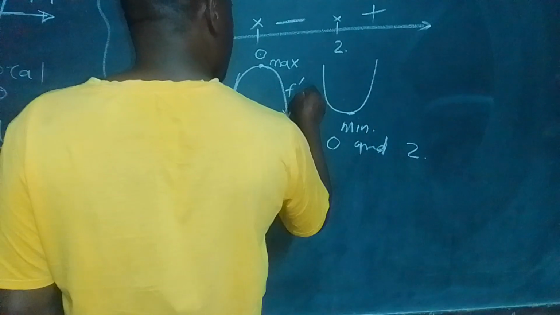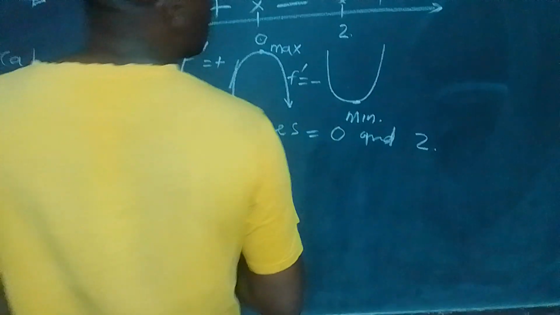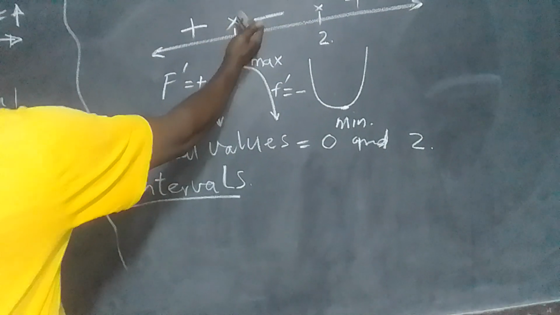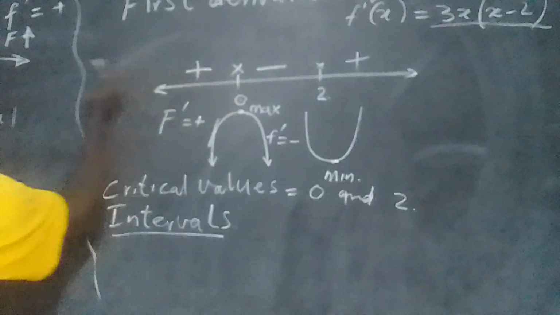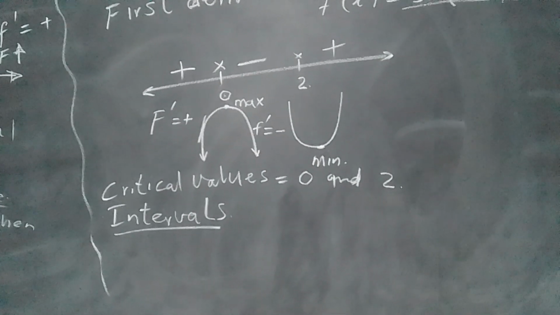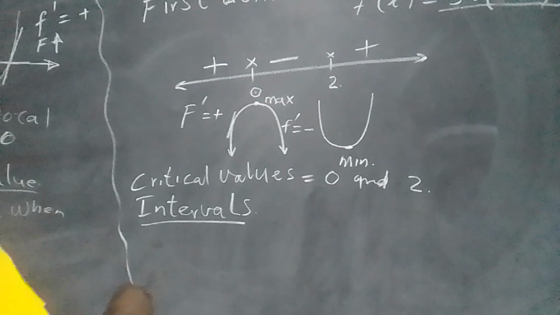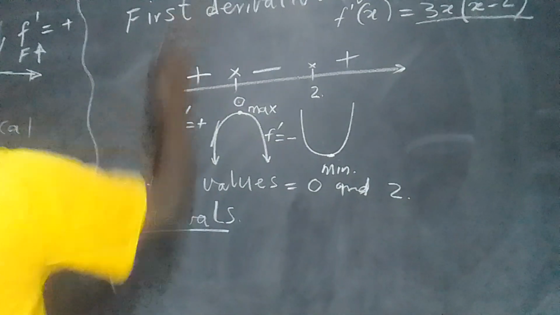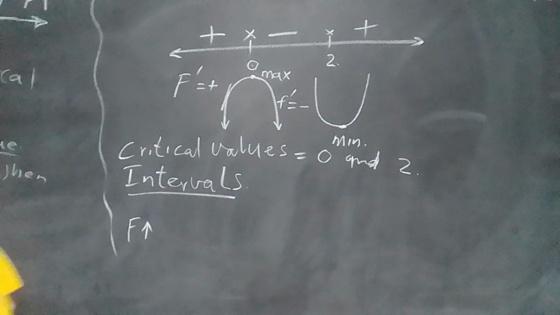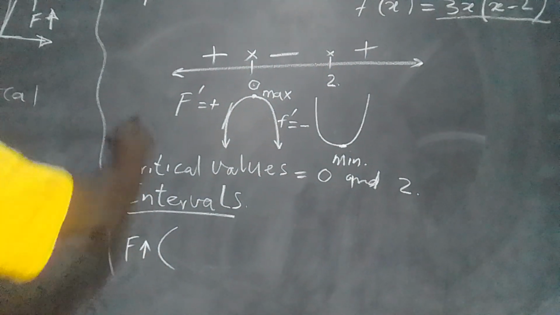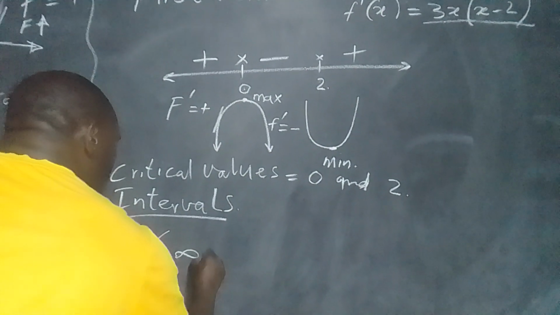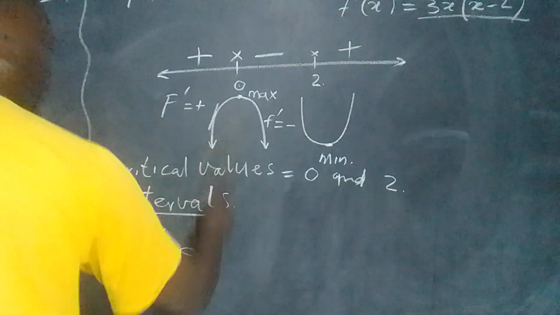Our f dash here is negative. Then what happens if you take any number towards the negative x-axis? You will find that the function is increasing. So the function increases at the interval of negative infinity to 0.